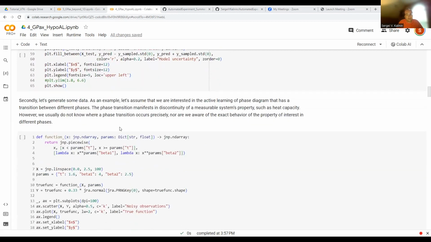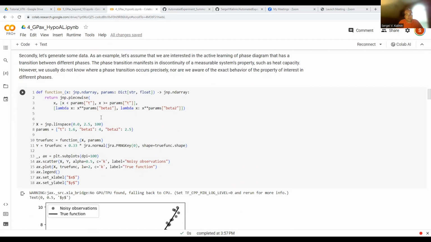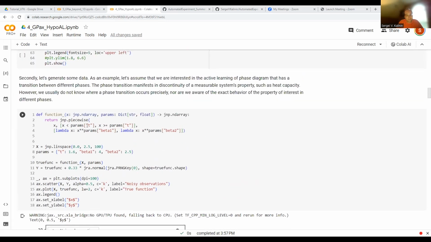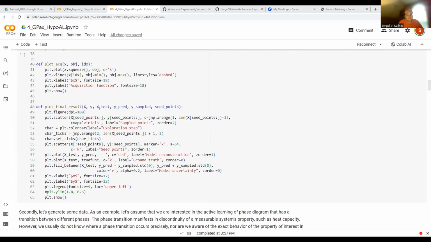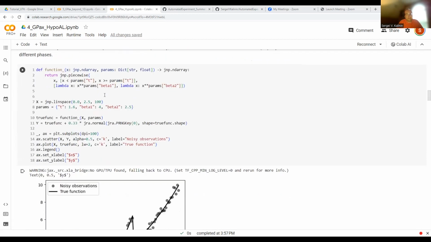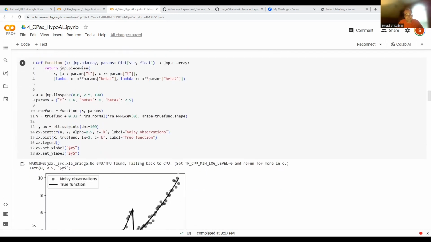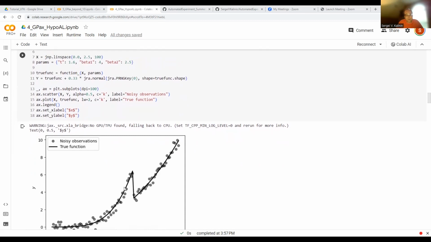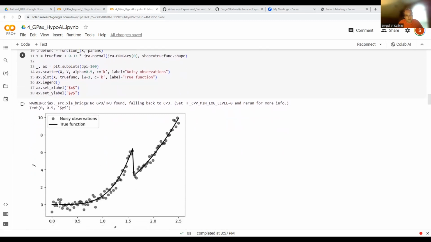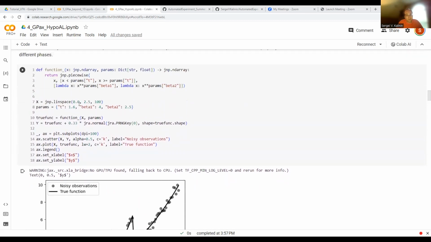After that, we generate some amount of data. In this case, we create exactly the same type of function as we did before: a function which is a power law on both sides. On the left of the discontinuity, we have x power beta 1. On the right side, we have x power beta 2.